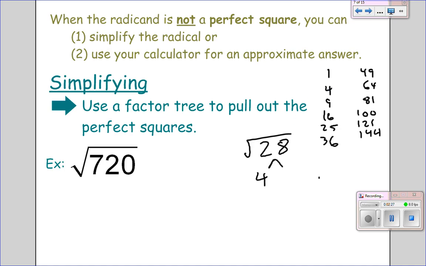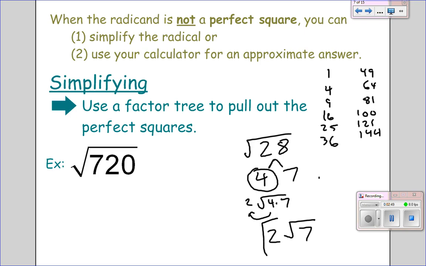So 4 goes into 28 7 times. So once you know that, I like to circle my perfect square, which is 4. Now, this really means the square root of 4 times 7. Now, what is the square root of 4? Well, it's just 2. So you put a 2 on the outside and a 7 stays on the inside. And that's actually your answer right there.